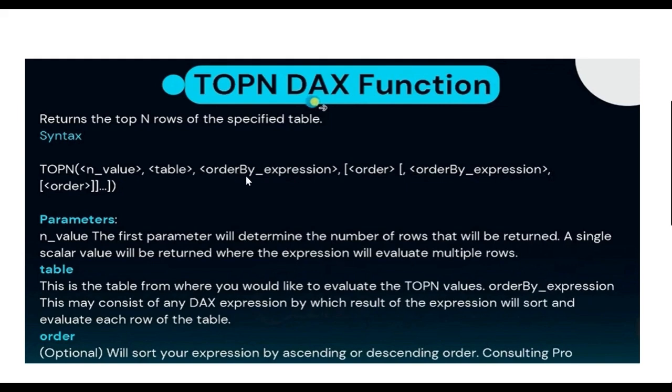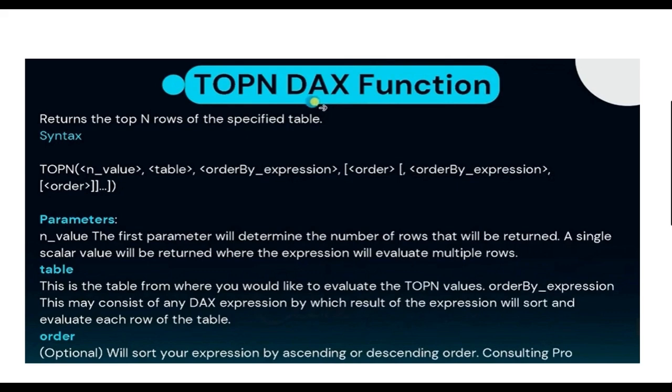Similarly, you can use the order by expression multiple times, as many times as you want to order your table. The N value, the first parameter, determines the number of rows that will be returned, like top 8, top 7. For that type of calculation, we use this syntax.